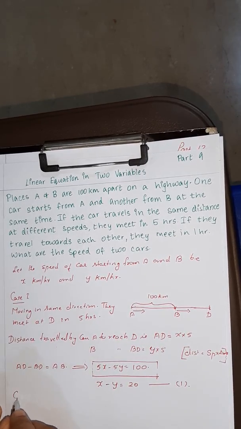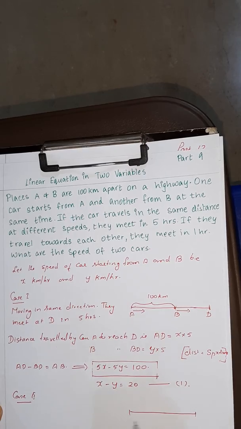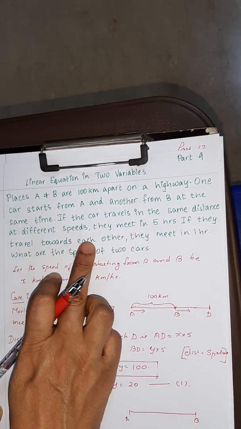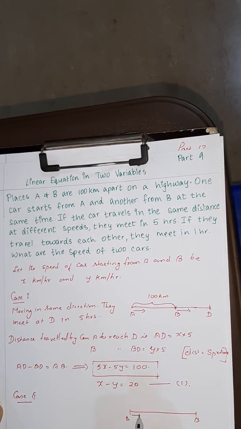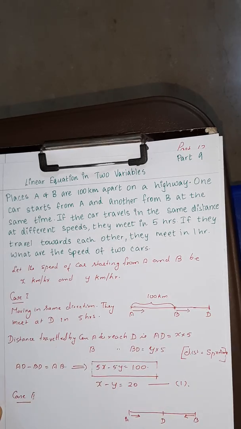Now, case 2. Here both the cars travel towards each other, they meet in 1 hour. So, car A is going like this and car B is moving towards A. So, they meet at this point D in 1 hour.